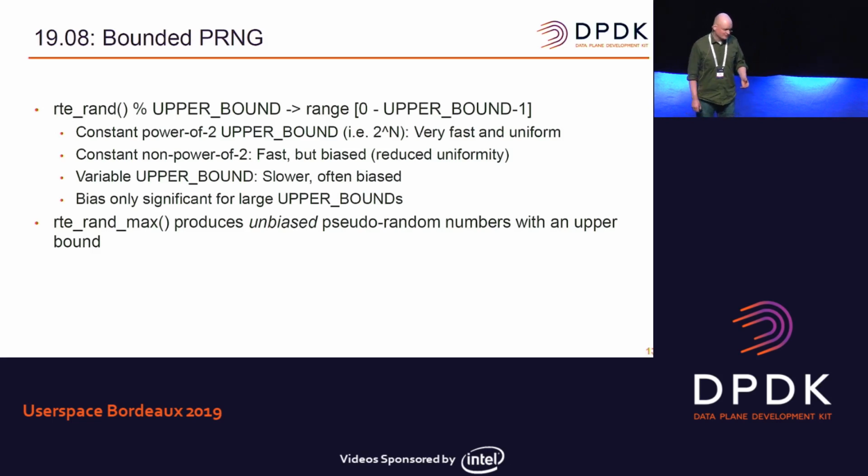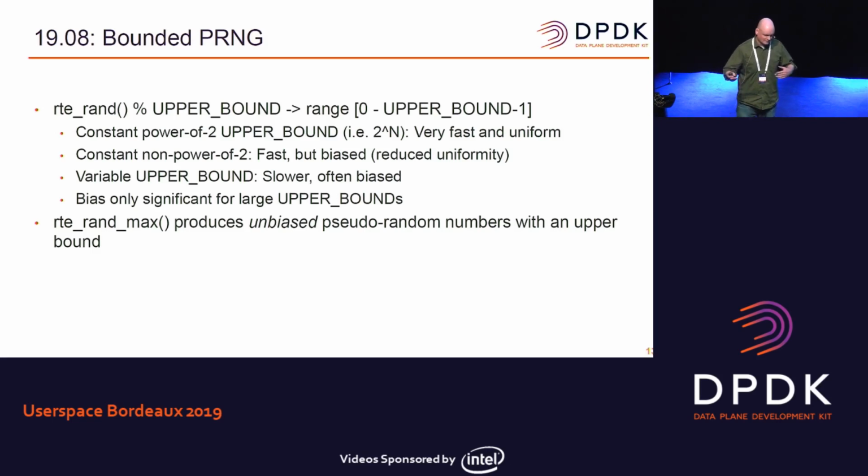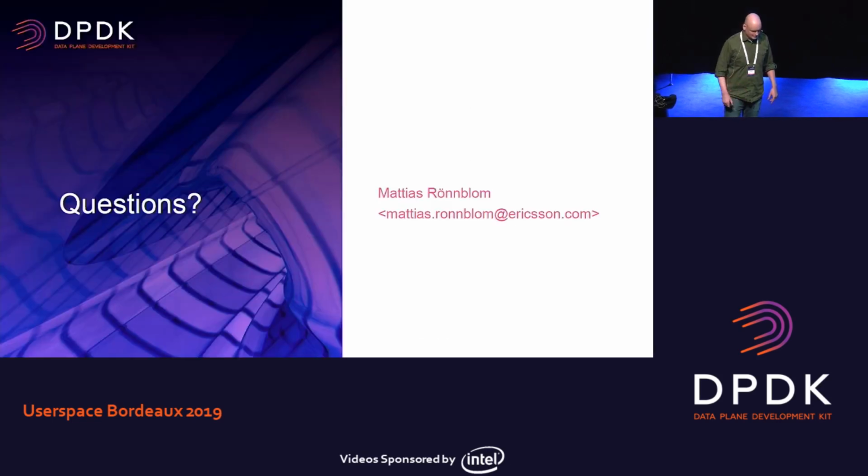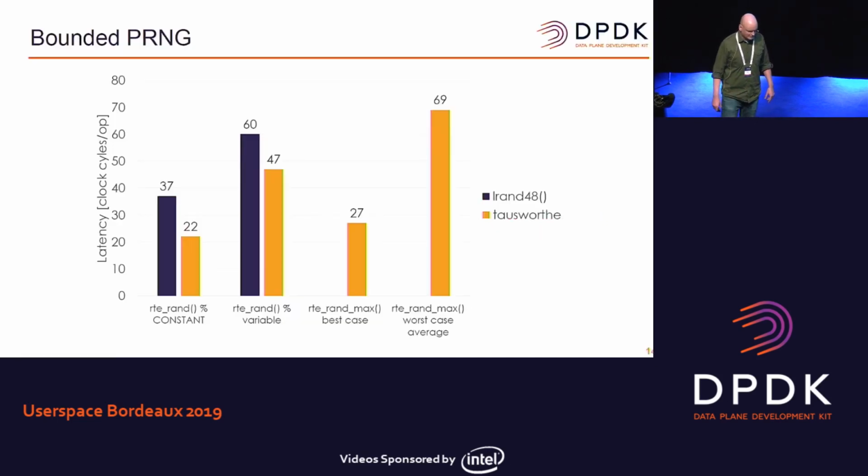Basically, what it does is it creates a bit mask, a power of 2 minus 1 of course, and then if the number is too great, it just redoes and creates a new number, which has some side effects. So this is the cost of using bounded random number generation.